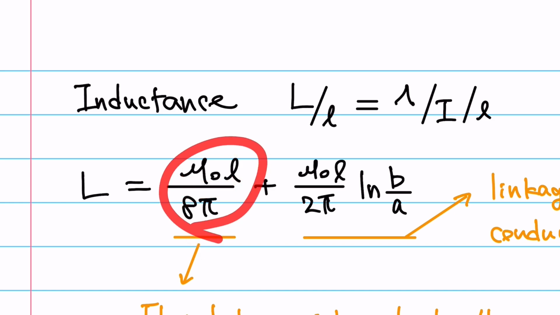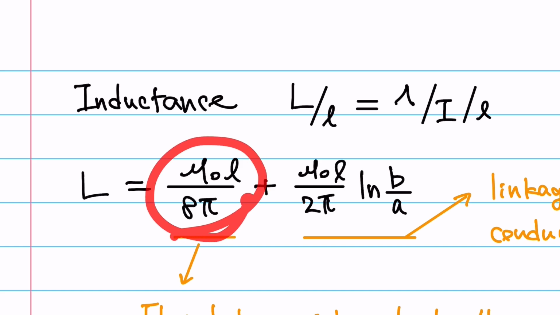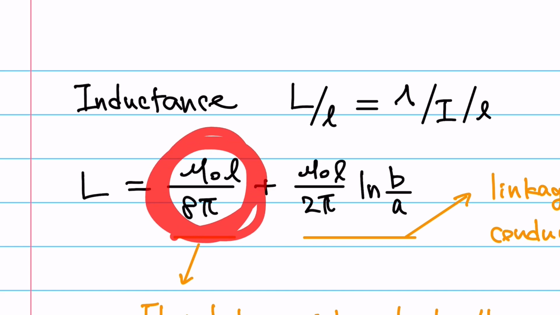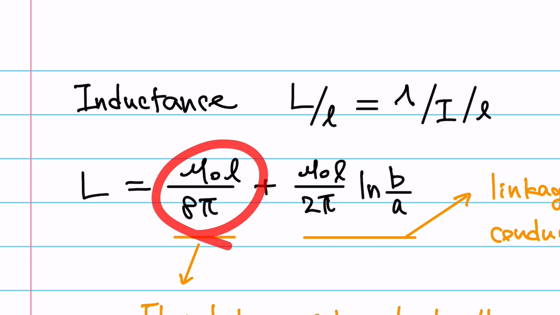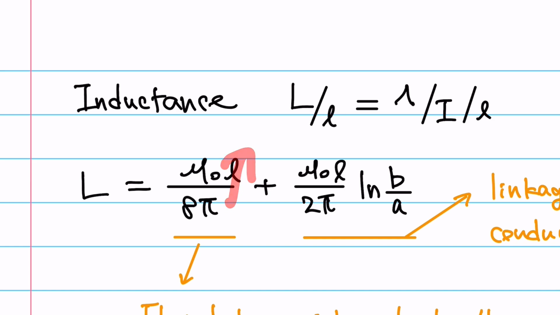If you're given a copper conductor or something like that, this is the self-inductance of that bare conductor without any outer conductor surrounding it. And you can see that it's only a function of length, so the longer the wire, the more self-inductance you get.